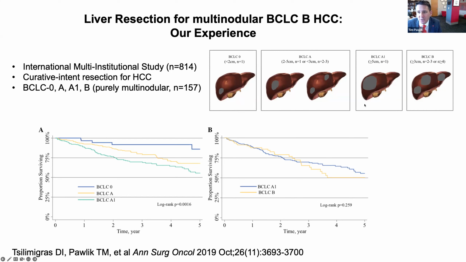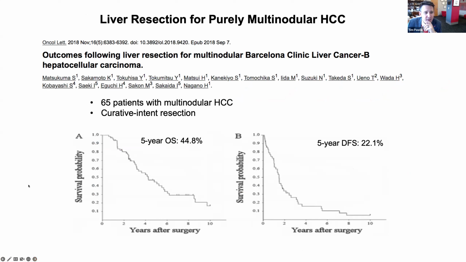However, if you look at patients comparing A1 patients to BCLC-B patients, there actually wasn't too much of a difference in survival, suggesting that it may be somewhat arbitrary that the BCLC is saying it's fine to operate on A stage patients, but not on B stage patients, because perhaps there is a subset of BCLC-B patients who will benefit from survival. And again, that was evidenced by their somewhat similar 5-year overall survival after curative intent resection.